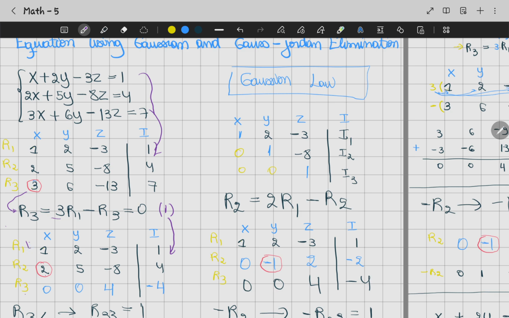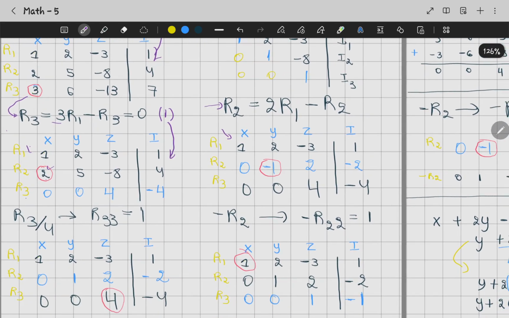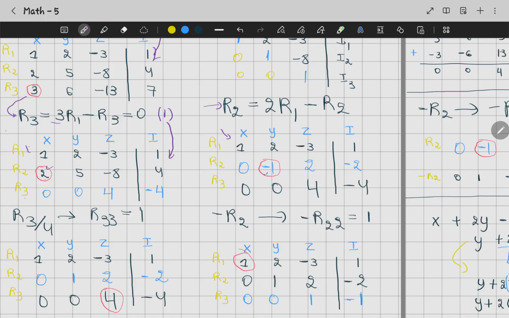To get further, we turn this 2 into 0, using this formula, and this is the answer we got. In order to make this negative 1 into 1, we multiply the row by negative 1, so we end up with this matrix.